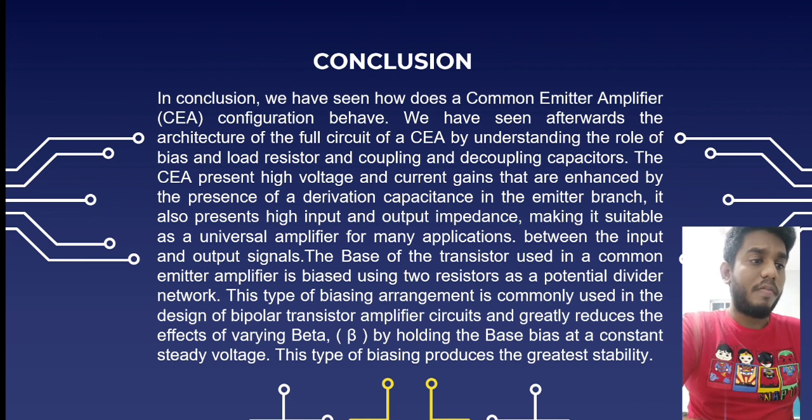This type of biasing arrangement is commonly used in the design of bipolar transistor amplifier circuits and greatly reduces the effects of varying beta by holding the base bias at a constant steady voltage. This type of bias produces the greatest stability.